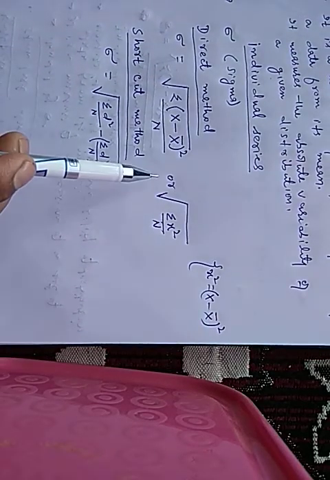Therefore, I have written both of these formula here. D is deviations and n is number of observations or number of items in a given series.